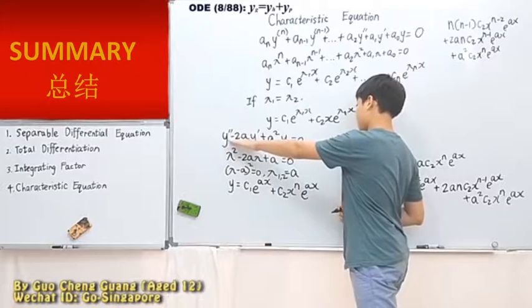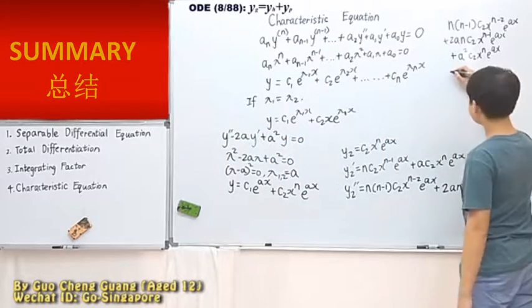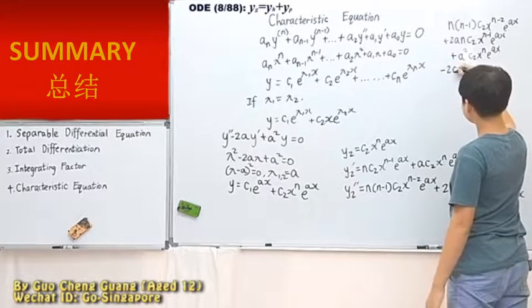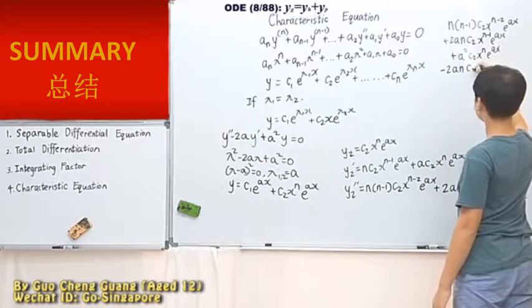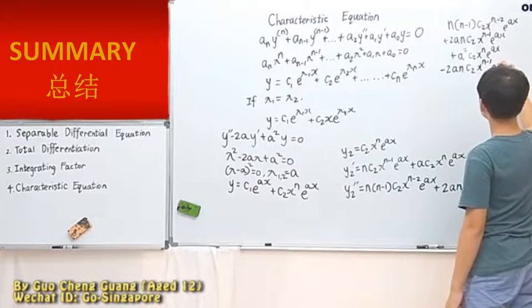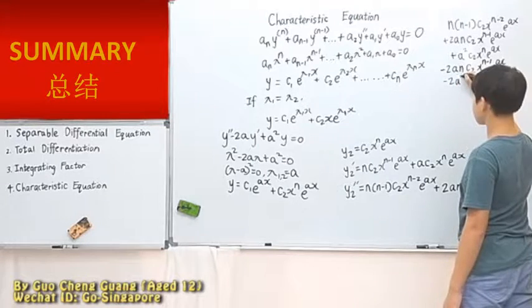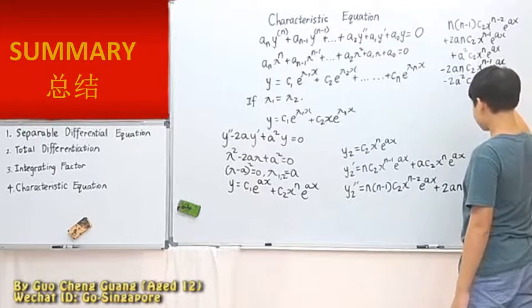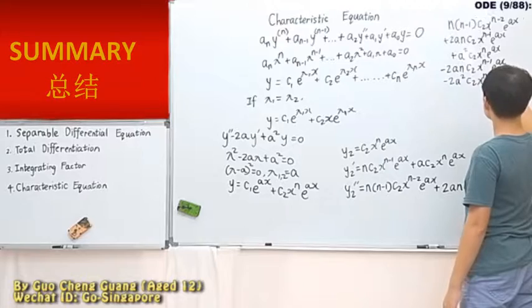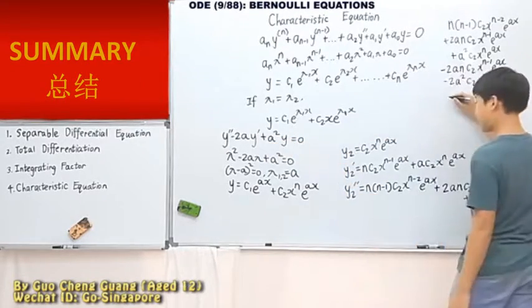But the next, you have to times a negative a. Then after that is times a squared.